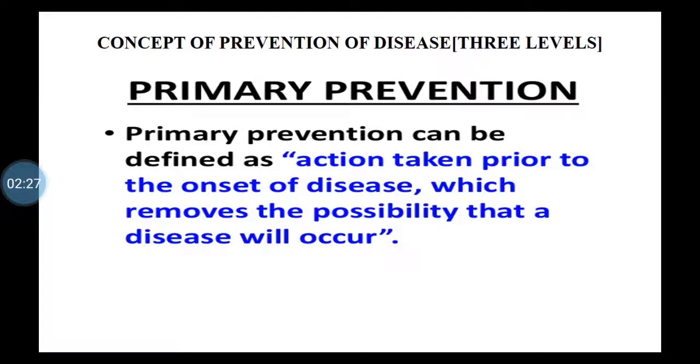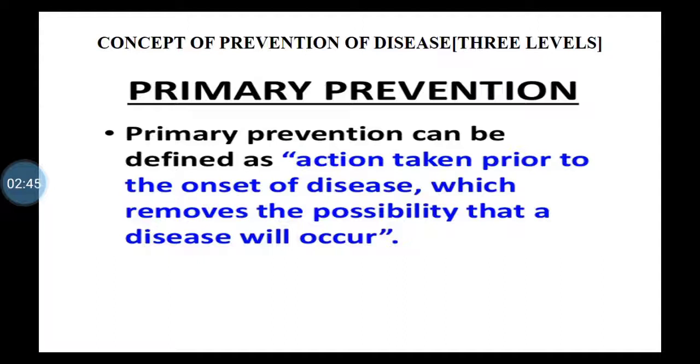A general question is asked on concept of prevention of disease, and we have to explain this at three levels, and all these three levels have their own definition. So that we will cover today.